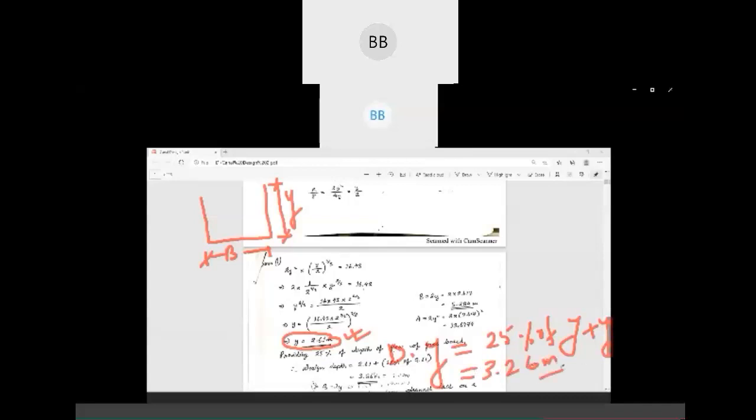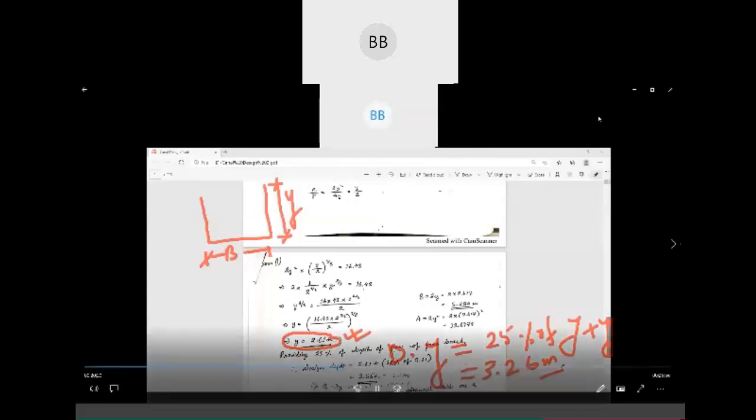How much did you get? 25% of y plus y will be your design depth.